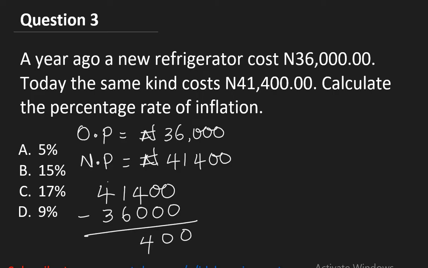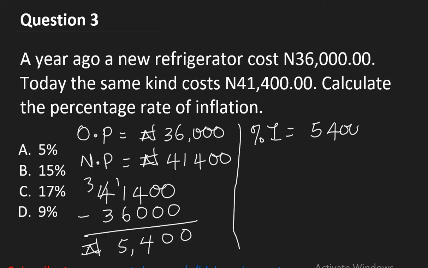That is 5,400. Okay, so to find the percentage rate of inflation, it will be the inflation, which is 5,400, divided by the original price, which is 36,000, times 100%.